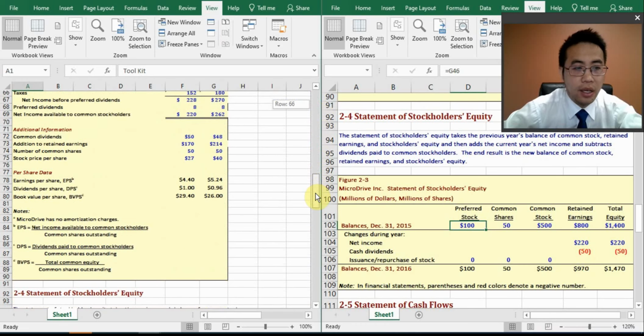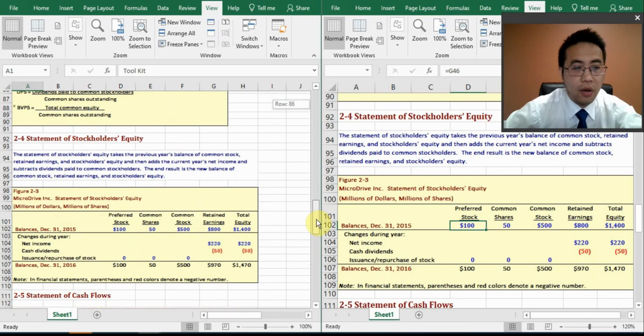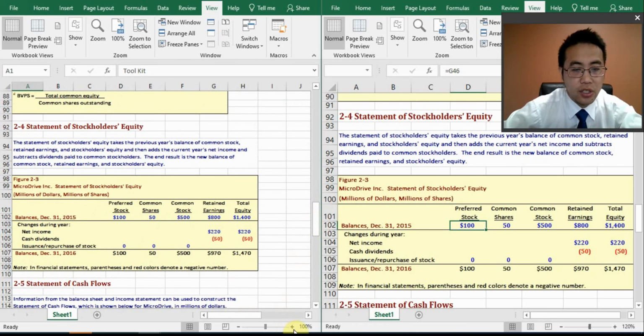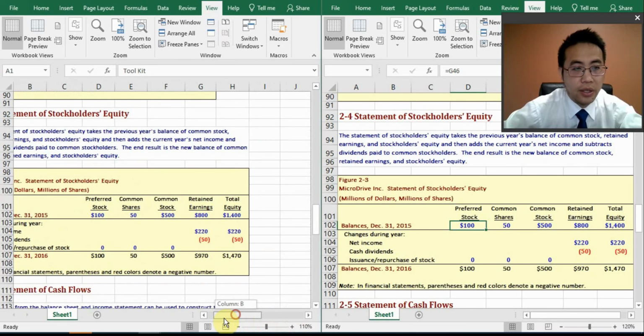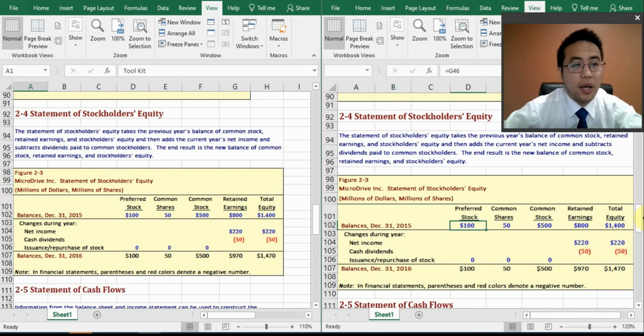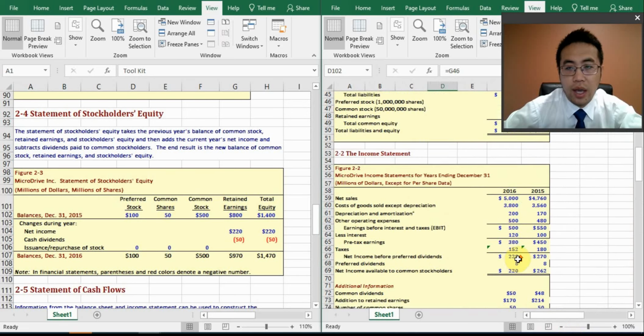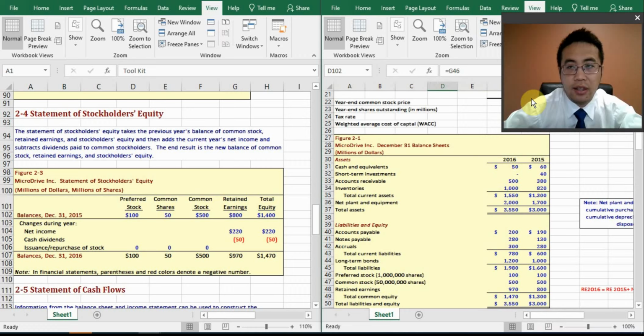So on the left window, you can show the statement of equity holders, and on the right window, you can feel free to check the reference cells. It could be in the balance sheet or somewhere else.